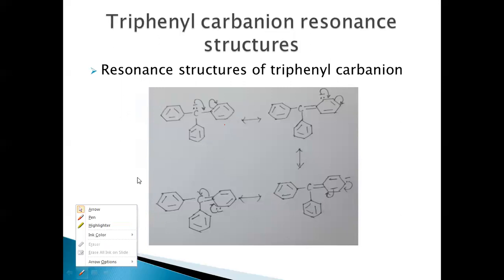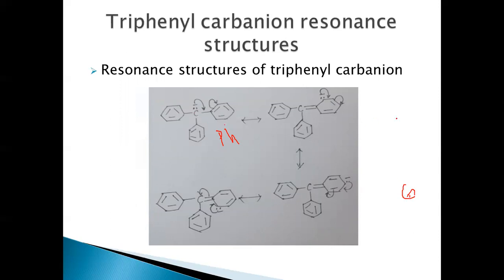We can see the resonance structures of this, where the negative charge is shared by three phenyl rings. I've written here only the canonical forms if one phenyl group is participating in the resonance. Three are possible with one phenyl ring, and so six more canonical forms are possible.